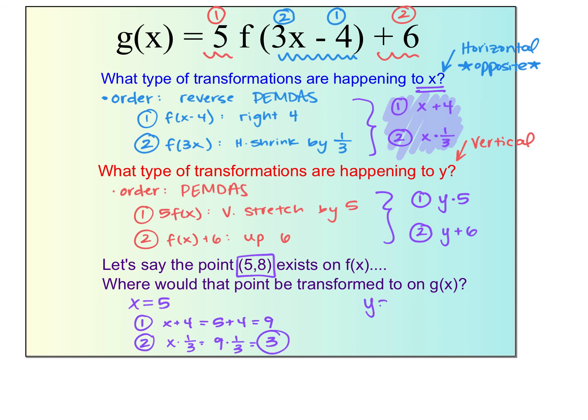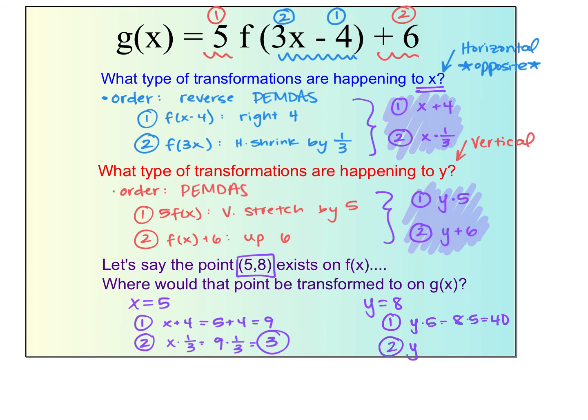Now for the y coordinates, I'm taking a look at my vertical transformations. I'm going to follow them in PEMDAS order. My original y coordinate is 8, but I'm going to transform that first by multiplying it by 5. 8 times 5 is 40. I'm going to increase it further.